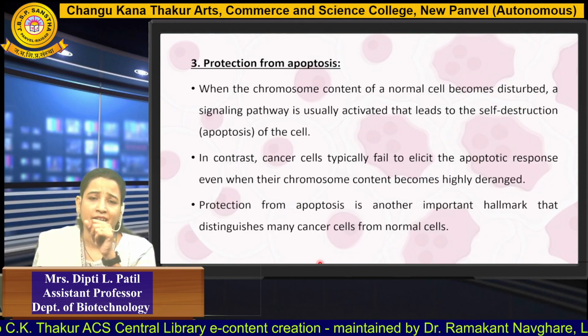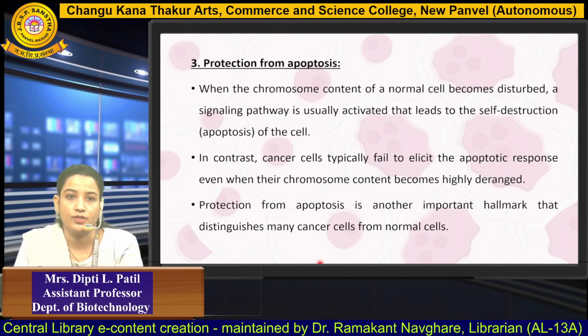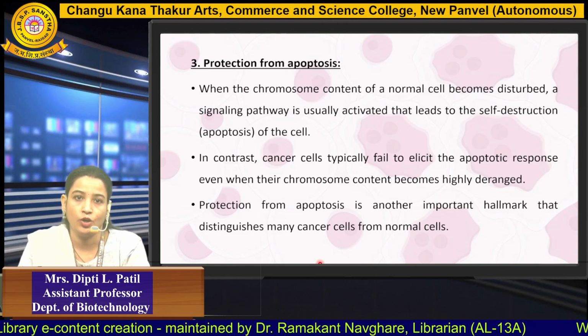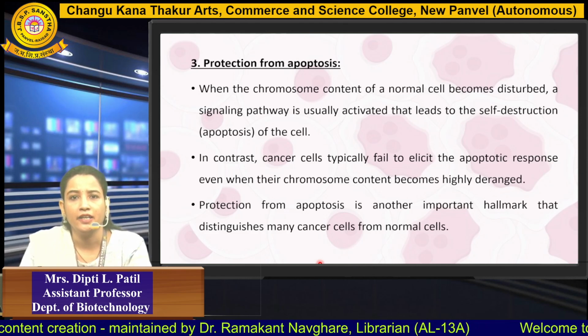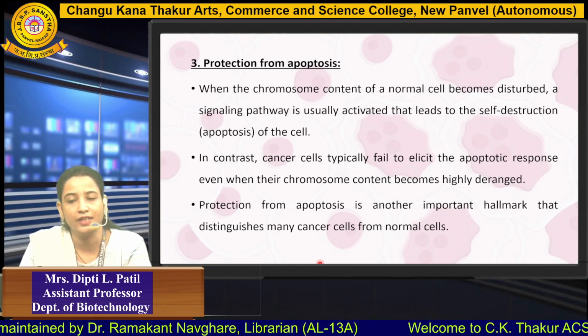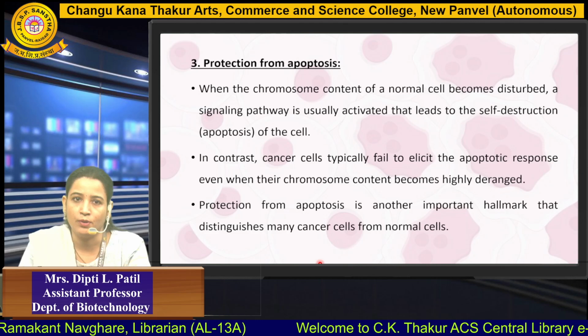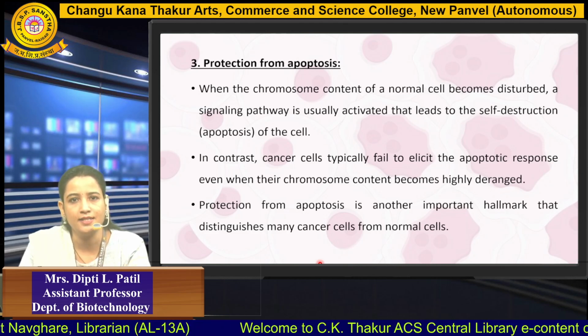Now, the next property shown by cancer cells is protection from apoptosis. As we know, normally if there is any change in the DNA sequence, or any DNA damage, the cell undergoes apoptosis, meaning self destruction of the cell takes place.